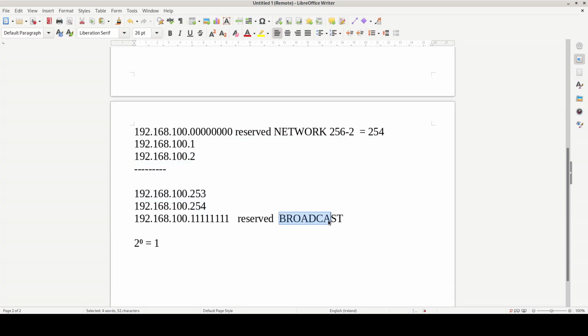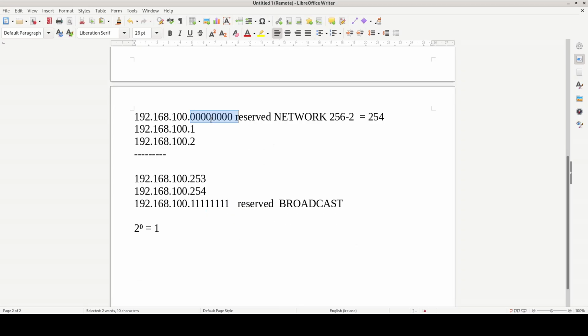Second part, broadcast. How many networks do we have? One network, and this is the network. And how many IP addresses? Total 1 to 254. Now, what is the function of broadcast? Let's say this IP address wants to send a message to any other IP address here in this network.